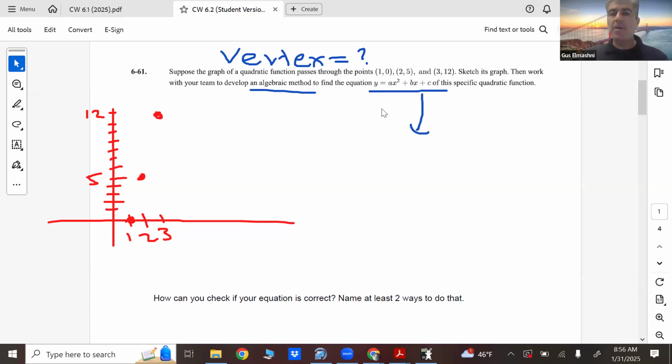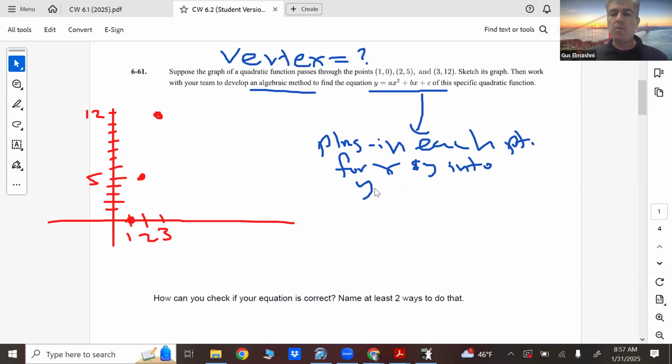Here's how you're going to do it. You're going to plug in each point for x and y into y equals ax squared plus bx plus c. Now this will be a test question, 100%. So let me show you how to do it.